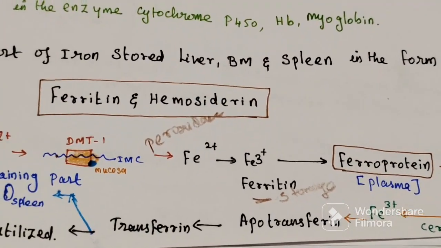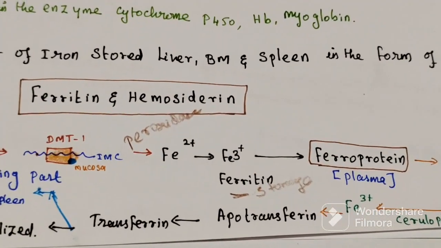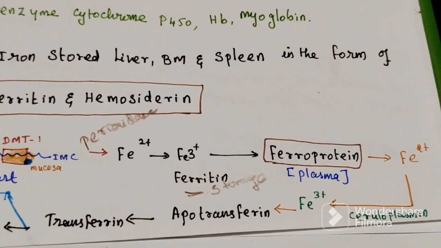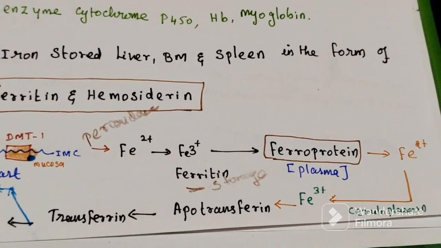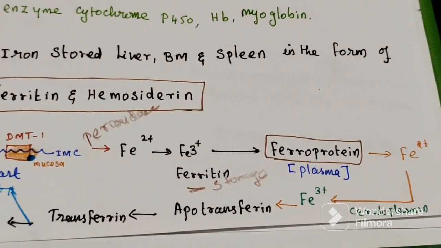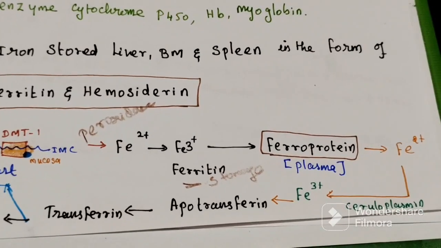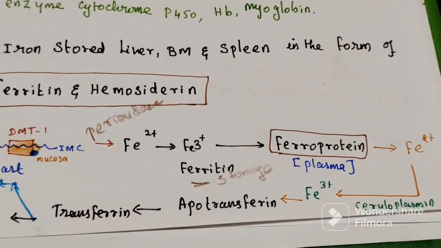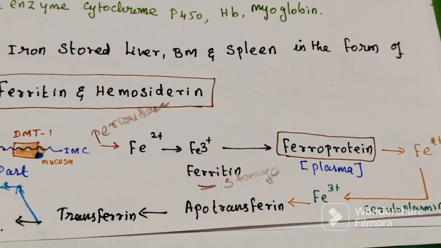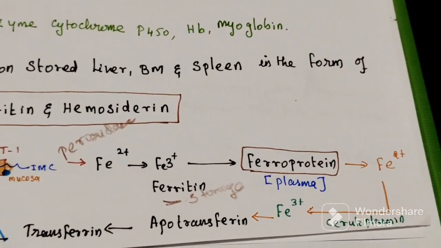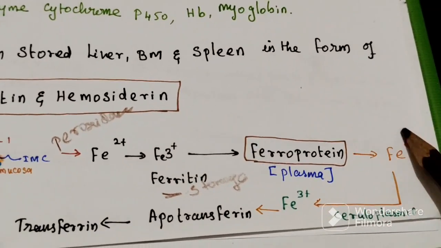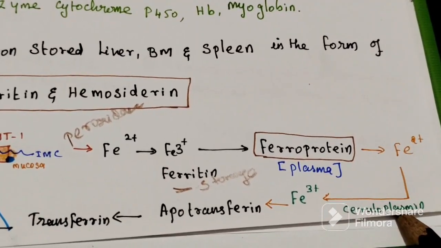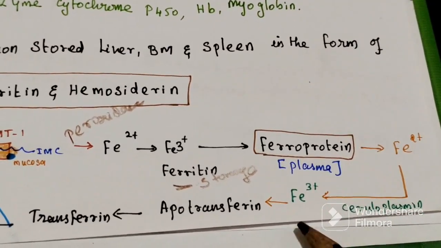Now this ferric form, with the help of the enzyme ferroreductase, is converted into the ferrous form and transported out of the intestinal mucosal cell with the help of ferroportin. Now it is present in plasma. With the help of ceruloplasmin, it is converted into the ferric form.